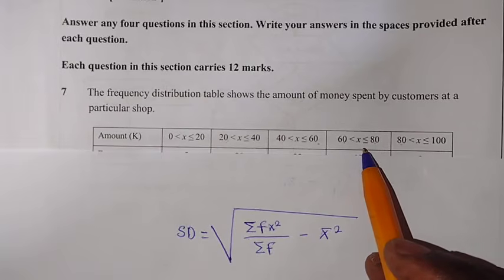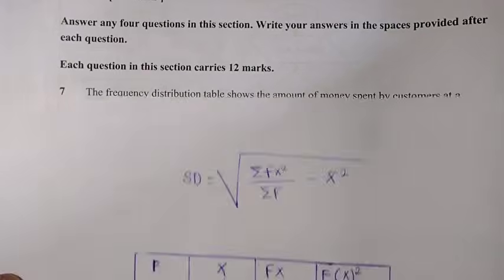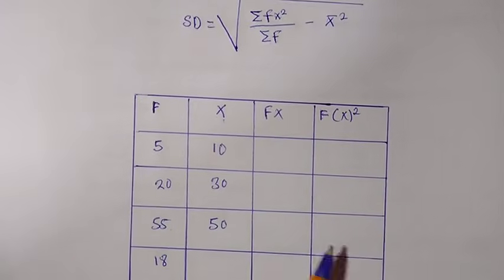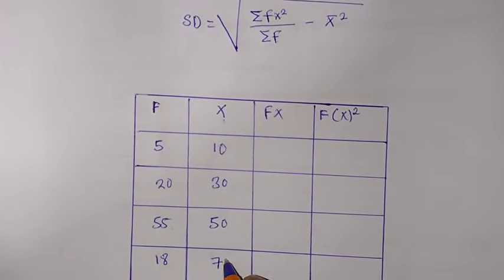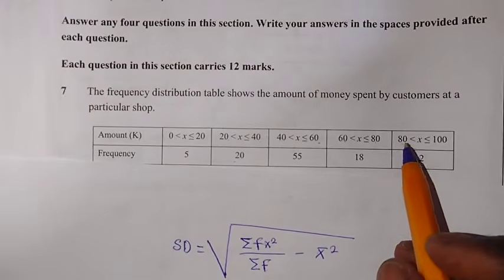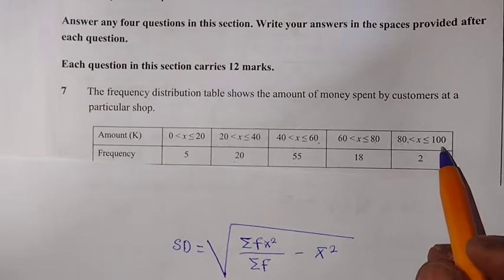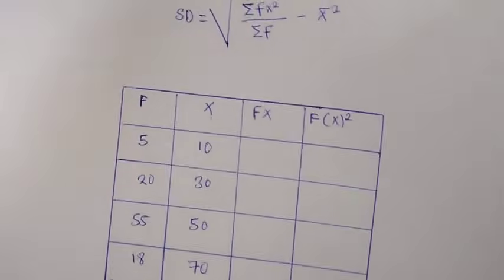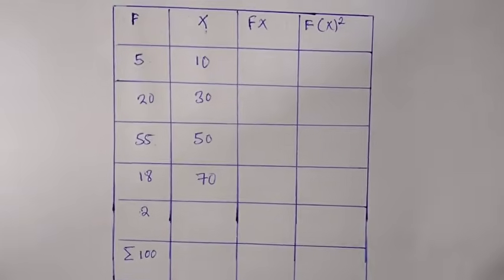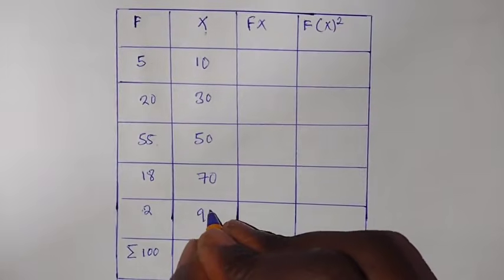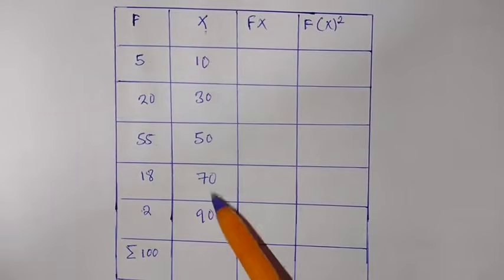So 140 divided by 2, the midpoint will be 70. So here we can write a 70. Then let's look at the last one: 80 plus 100 is 180. 180 divided by 2, you get 90. So we are done putting the midpoints here.